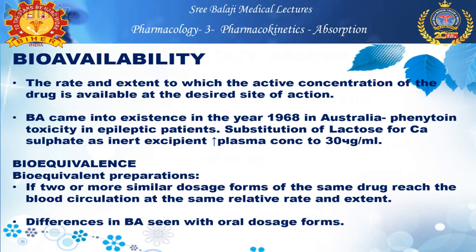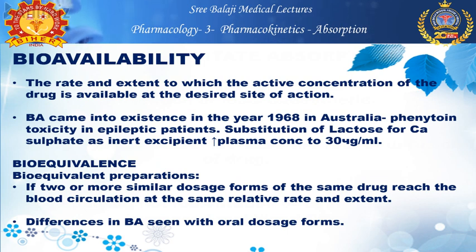The excipient was changed, that is, lactose was substituted in place of calcium sulfate as the inert excipient, which increased the plasma concentration to 30 microgram per ml in epileptic patients, and that resulted in toxicity. That is how bioavailability came about.